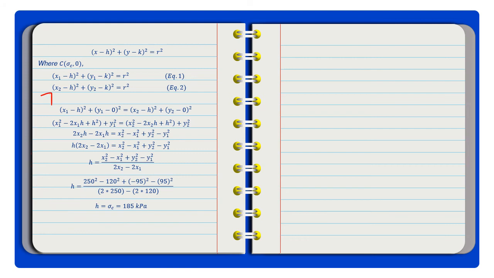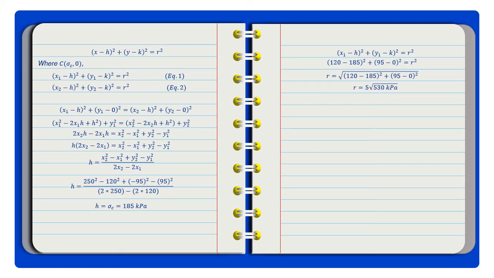So, substituting this one to any of the two equations above. So, pag sinubstitute natin, kunin natin yung y sub 1 tsaka x sub 1 or yung equation number 1. So, substitute natin yung 120 minus 185, 95 para makuha yung radius. So, para lang din tong distance formula. So, that will be 120 minus 185 squared plus 95 minus 0 squared.